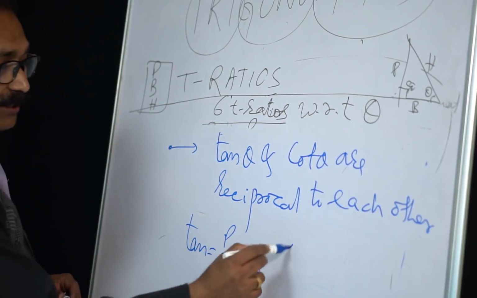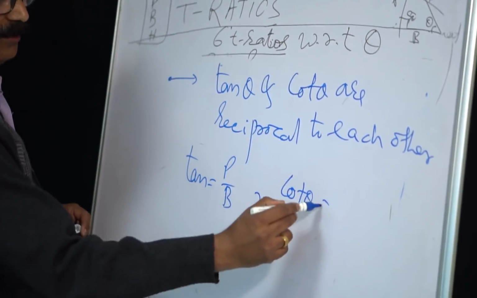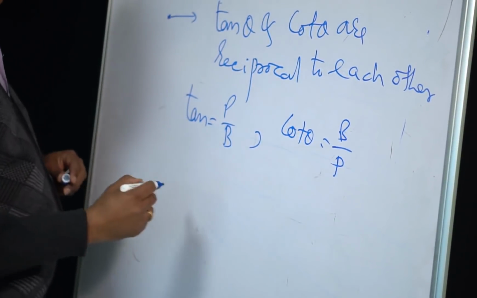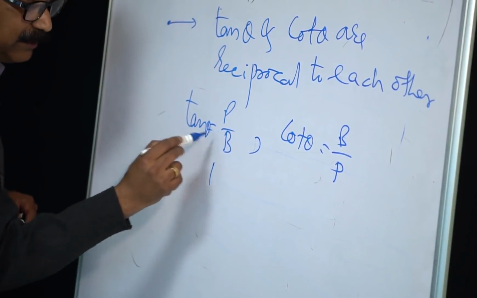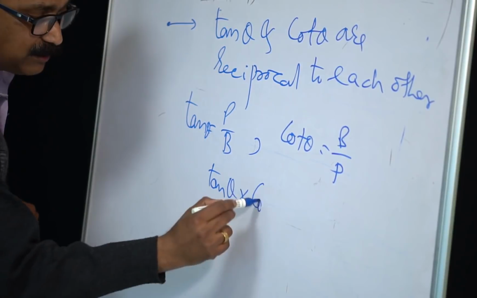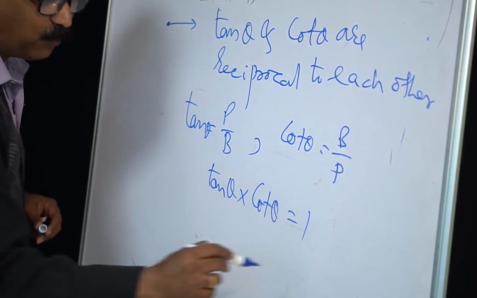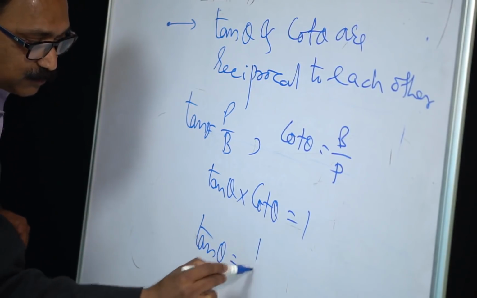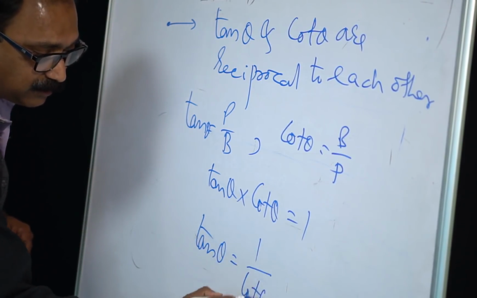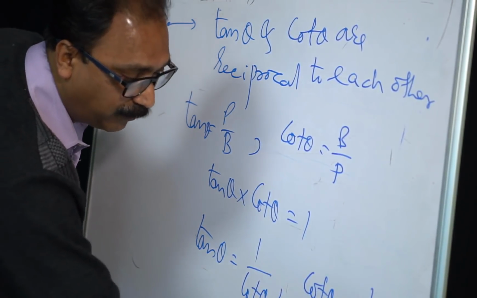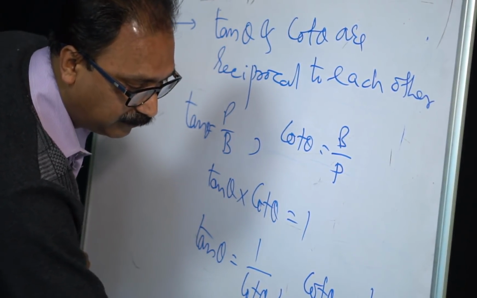Then what will be cot theta? As you know already, just the reciprocal, base by perpendicular, b by p. Then if we multiply tan theta into cot theta, it gives us 1. And tan theta is 1 by cot theta, and cot theta is also 1 by tan theta.